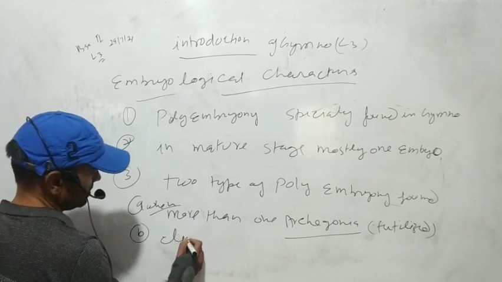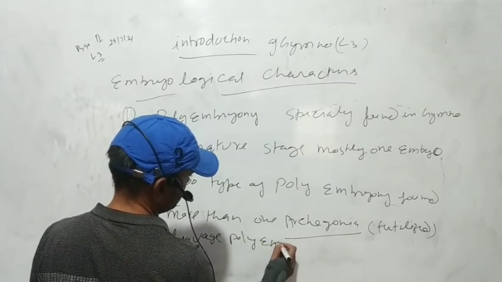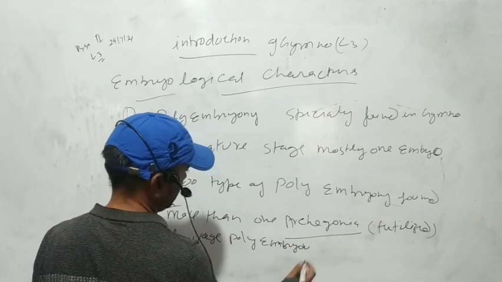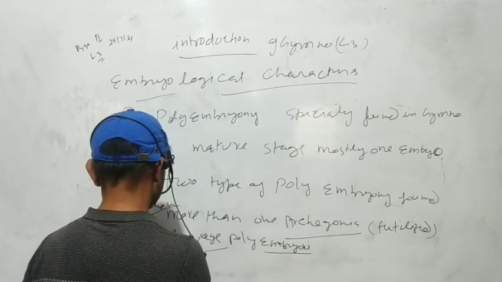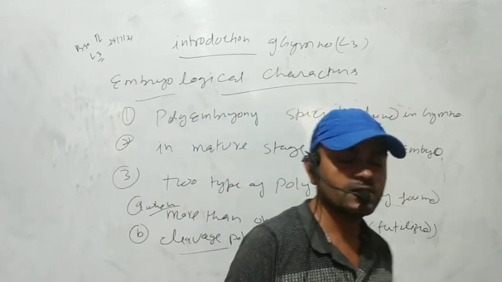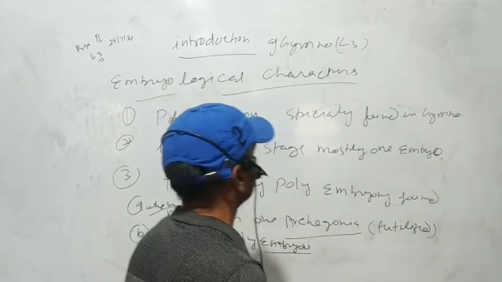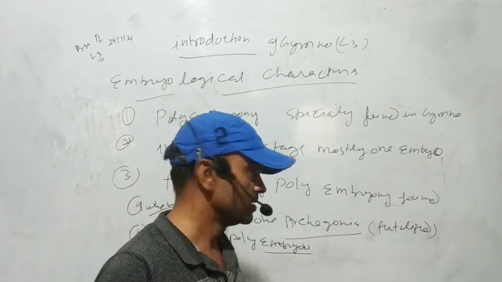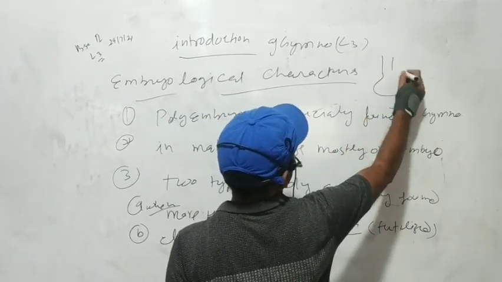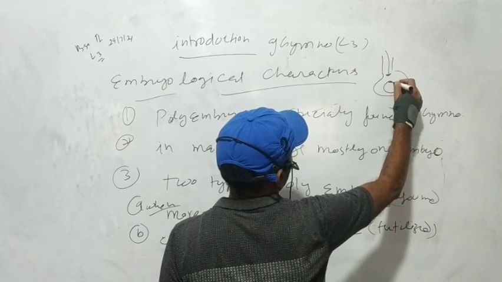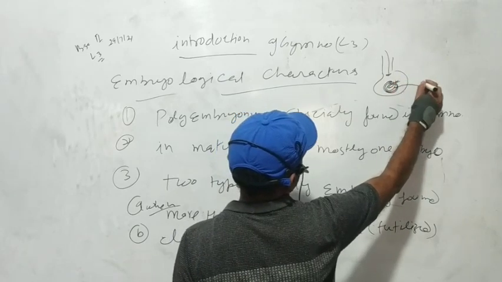Cleavage polyembryony. What does it mean? The first is when more than one archegonia are fertilized. The second is when fertilization takes place in an archegonium: this is the archegonium and this is the egg. The male gamete comes here and fuses with this egg and forms the zygote.